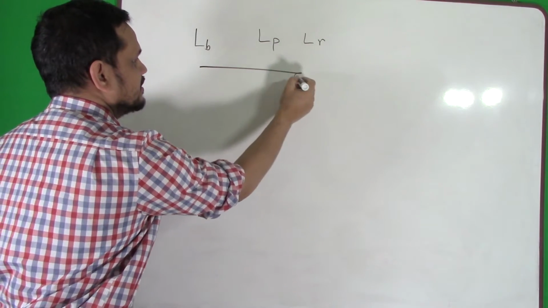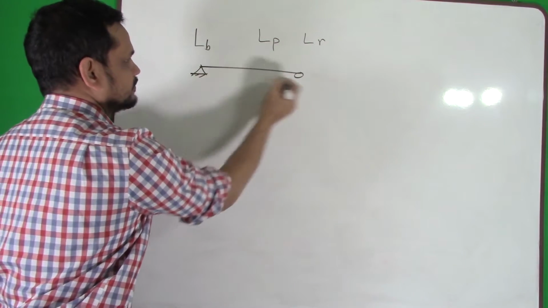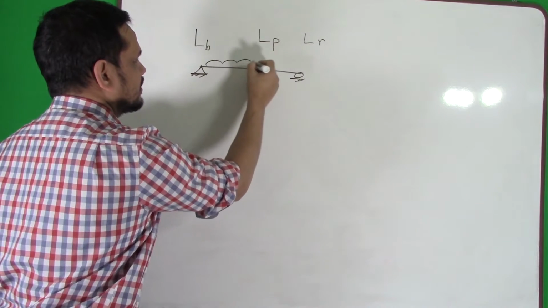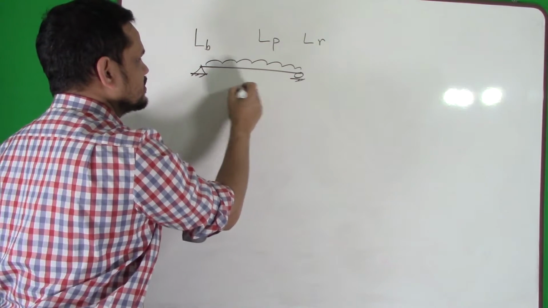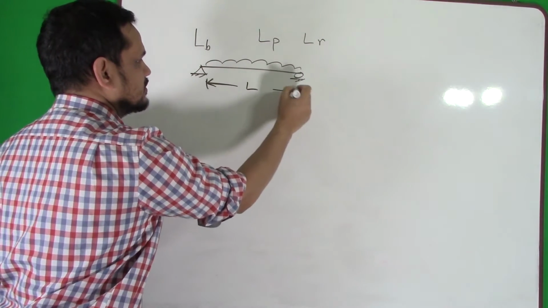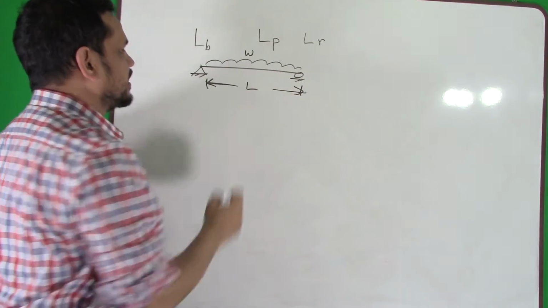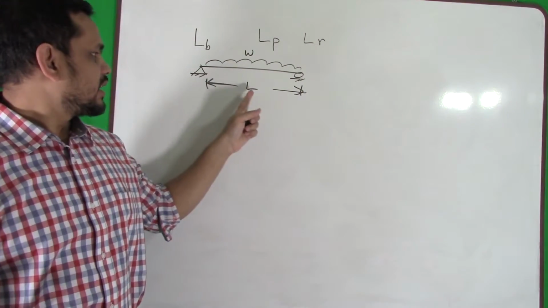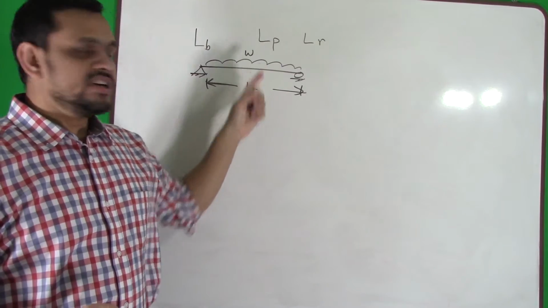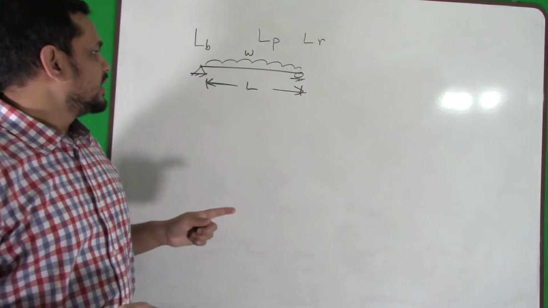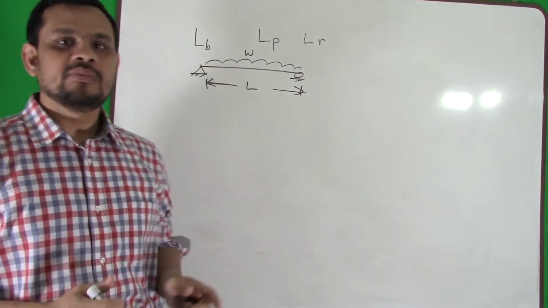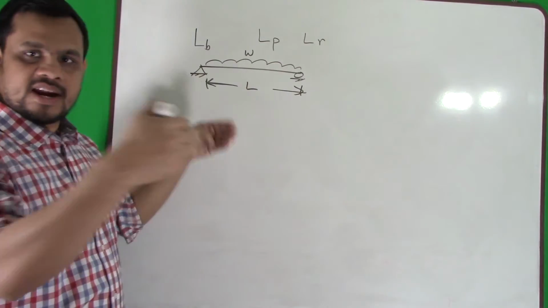Say there is a beam here. Say I have a beam with span L with uniformly distributed load of W. Now this L is not LB. LB is if I do some lateral support.